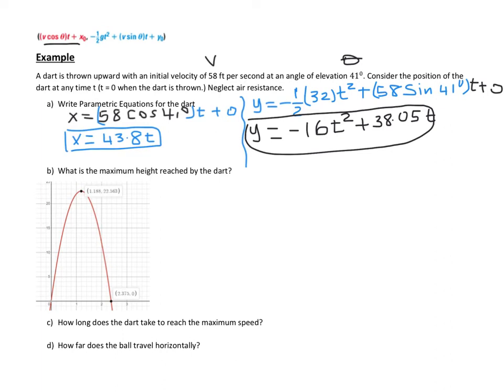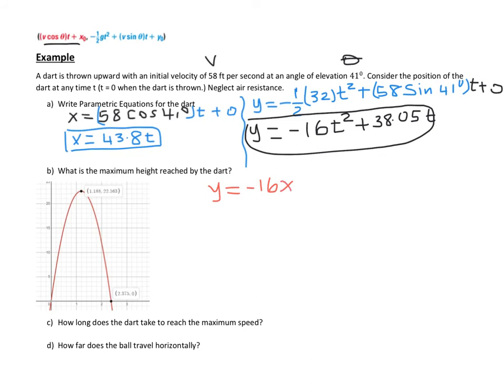Now I'm going to use these parametric equations to answer the questions that follow. So this one is asking, what is the maximum height reached by the dart? The easiest way to do this is to graph the equation for y, because I need maximum height, so I'm looking for the vertical distance. When you're graphing, you can do this in decimals. The equation you want to graph is y equals negative 16.